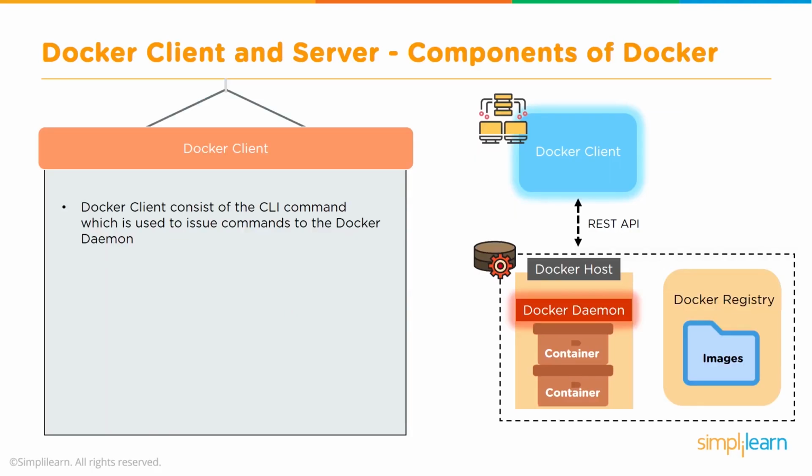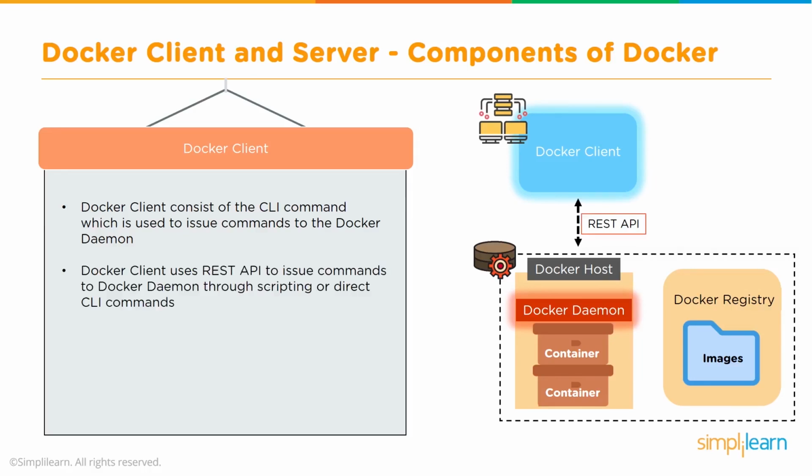So the Docker client and server is a command line instructed solution where you would use terminal on your Mac or command line on your PC or Linux system to issue commands to the Docker daemon. The communication between the Docker client and the Docker host is via a REST API.